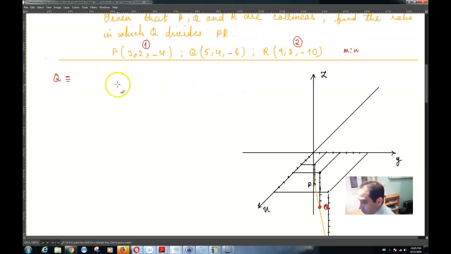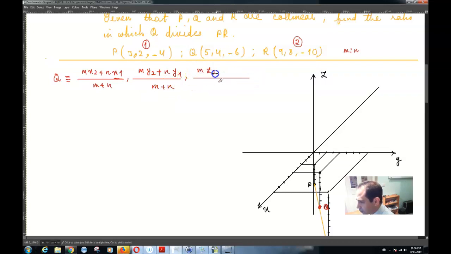So, for example, the coordinates of the point Q would be M times X2 plus N times X1 over M plus N, and M times Y2 plus N times Y1 over M plus N, and M times Z2 plus N times Z1 over M plus N, since it's internal division. These are the coordinates of the point Q.